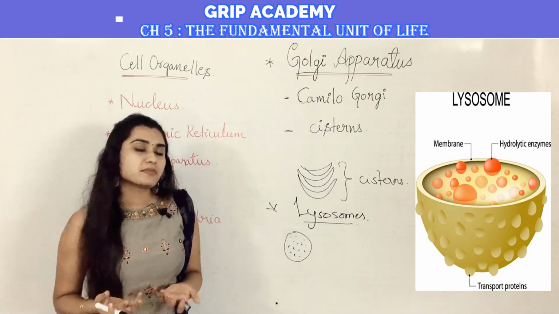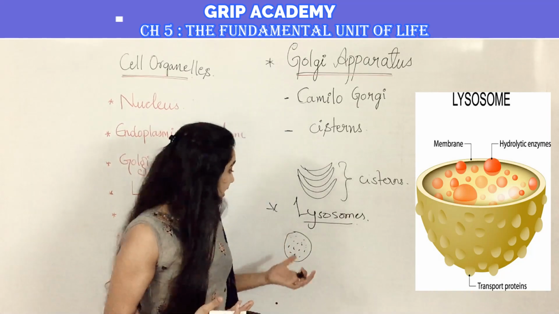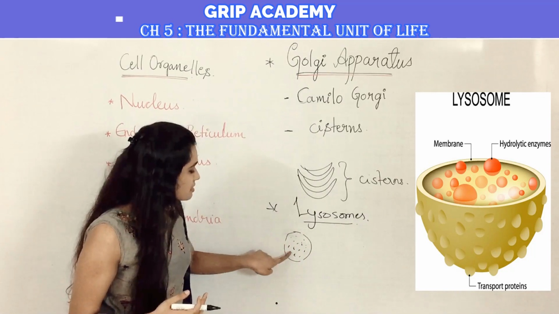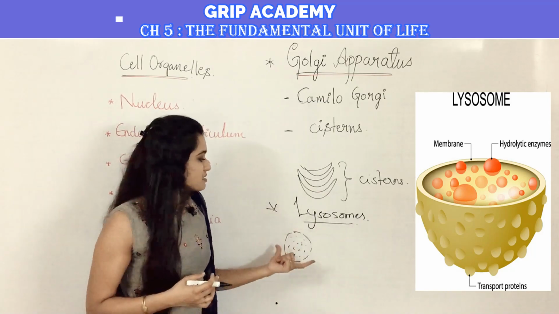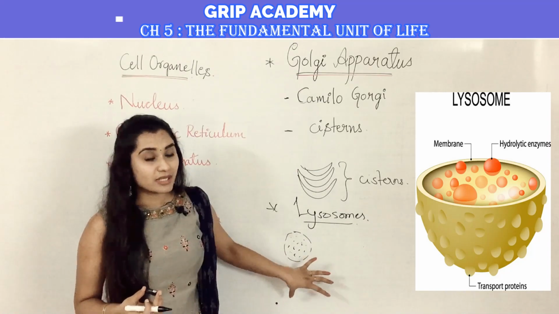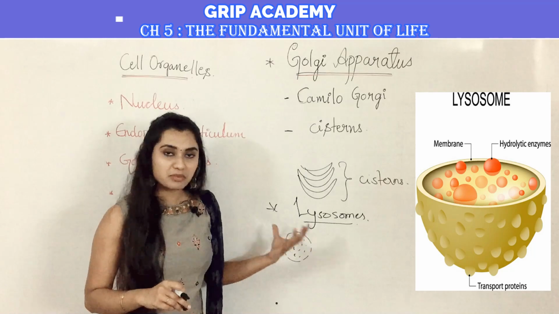Sometimes, because of a disturbance in the cell, the lysosome sac might be damaged and these enzymes would come out, which means the lysosome might burst. In this case, it will digest the cell itself, so the lysosomes end up killing the cell.